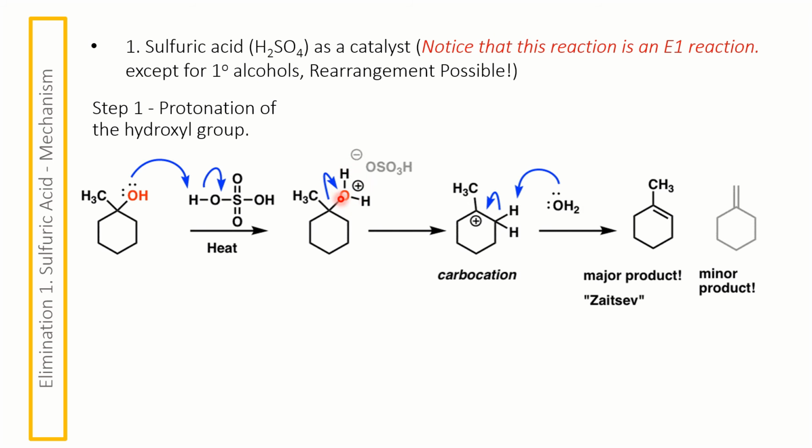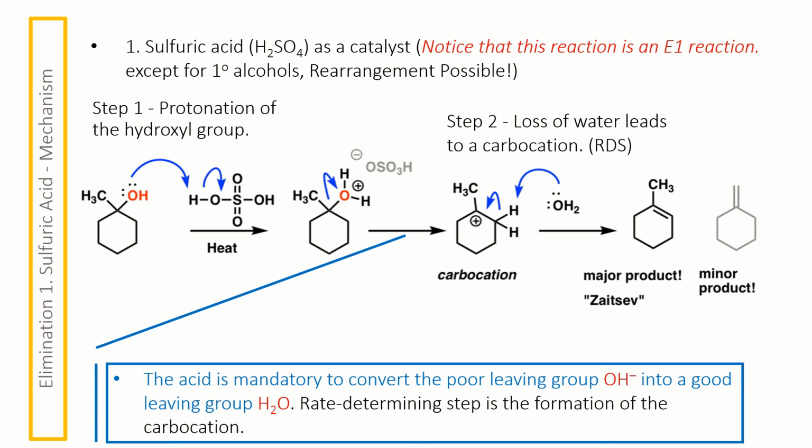Once this water leaves, then it can act as a base and attack our proton. Loss of water, of course, realizes the carbocation, so this is the rate determining step. Deprotonation here realizes your Zaitsev product.